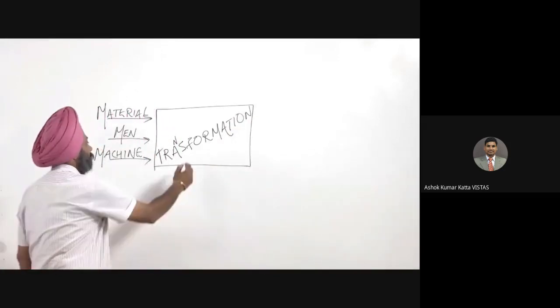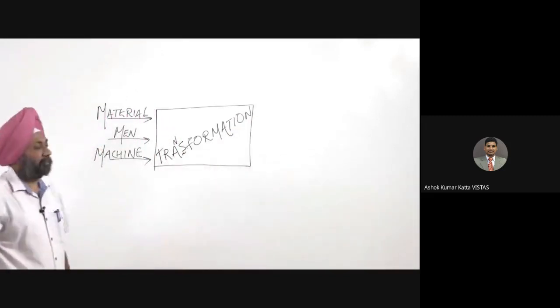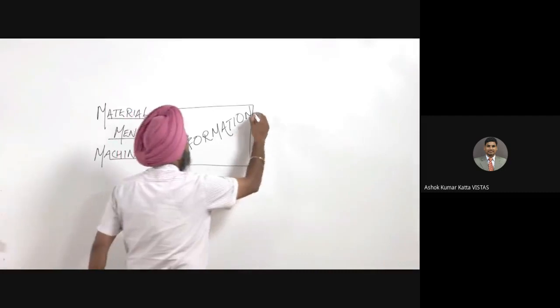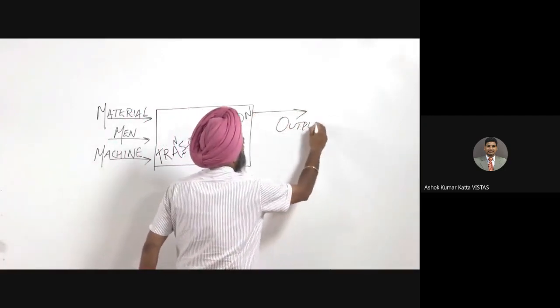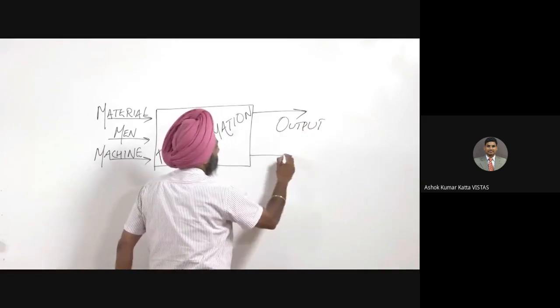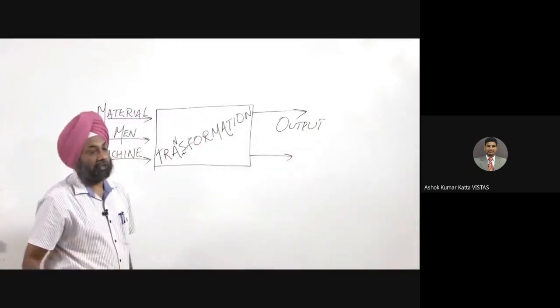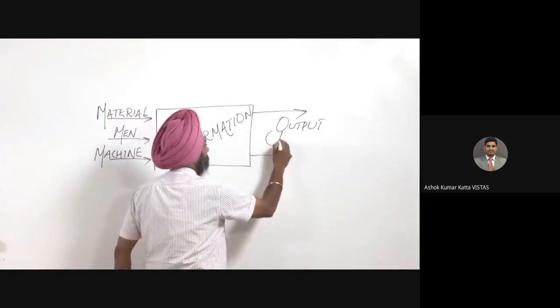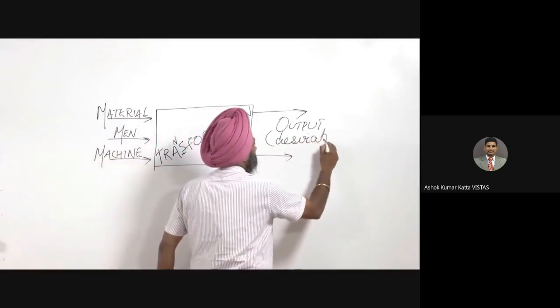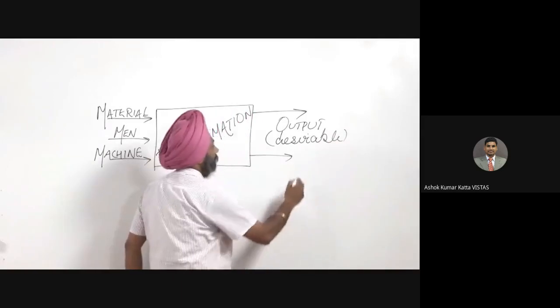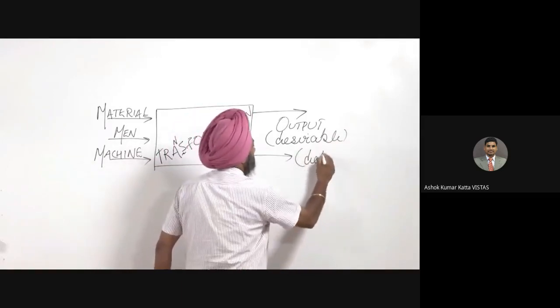So we have transformation here, and finally we have our output. Output can be desirable or this can be defects.